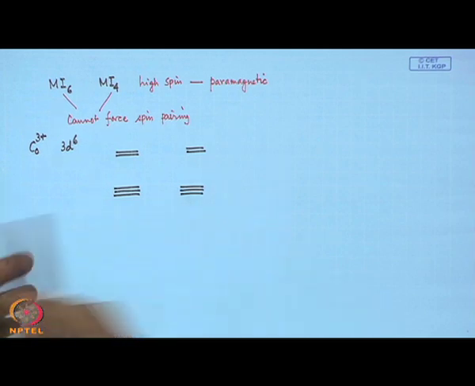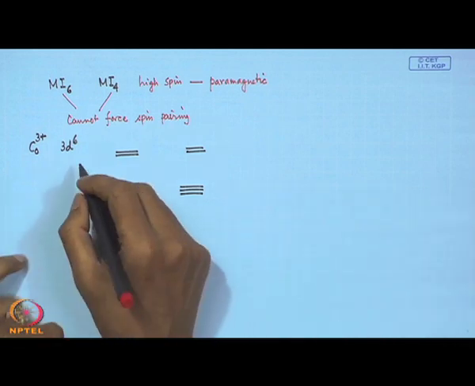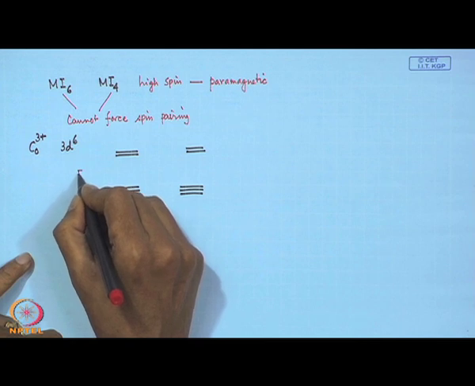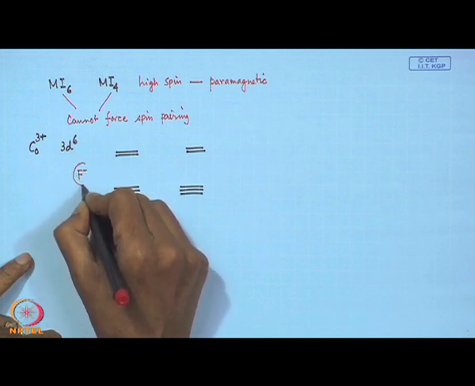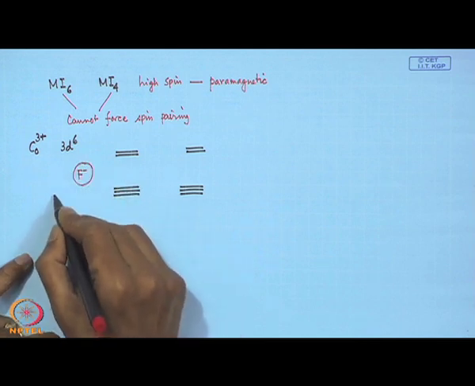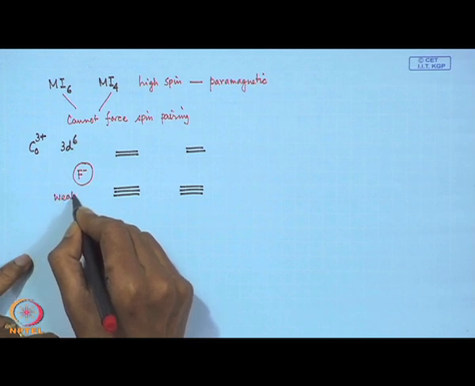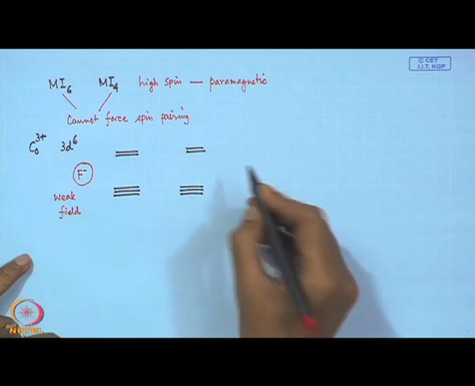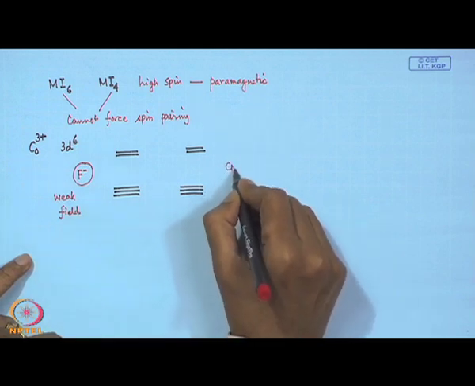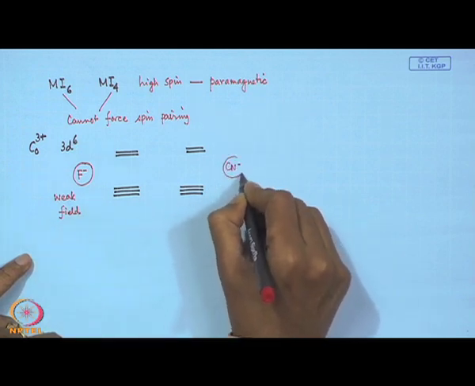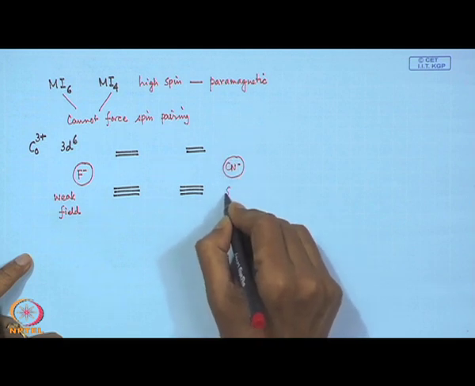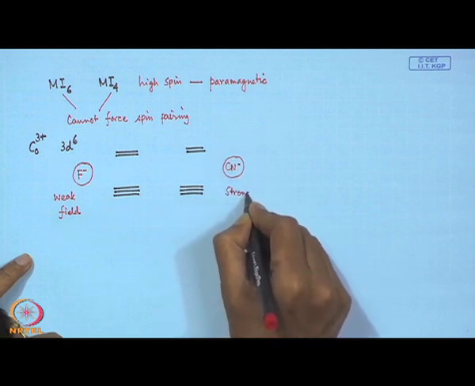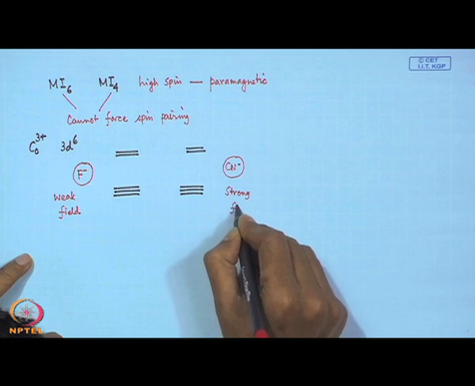In one case we have the ligand as the weak field ligand, which is F minus, and in another case we have CN minus, which is strong field.